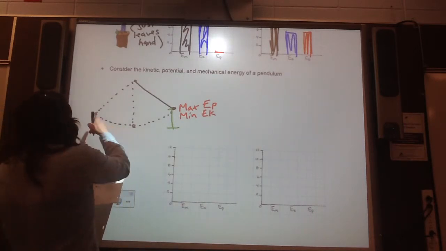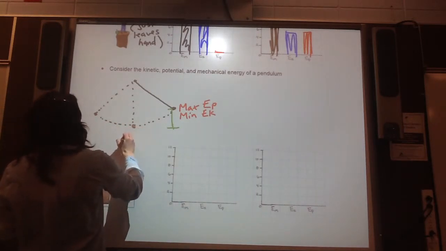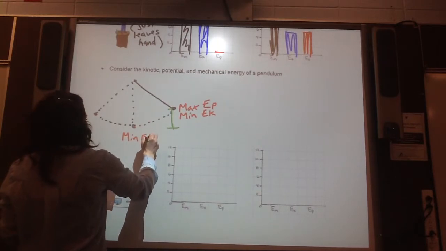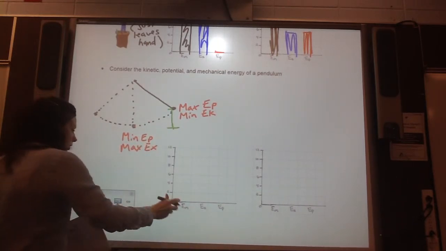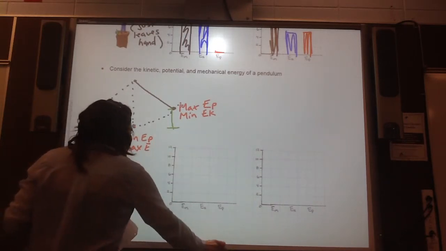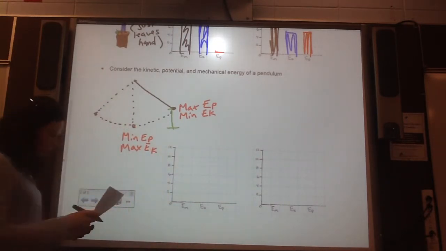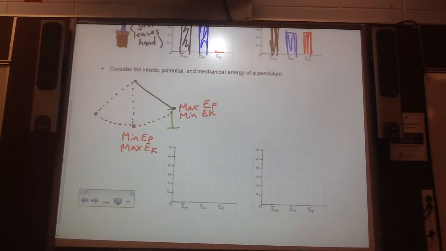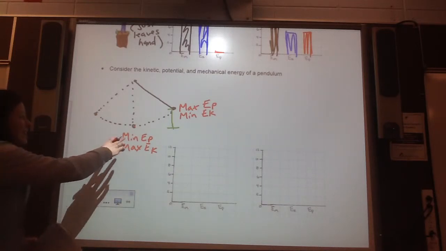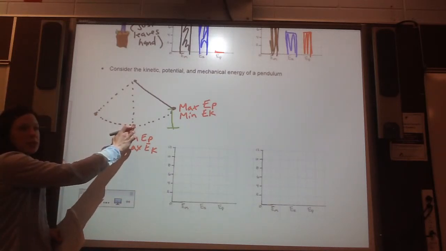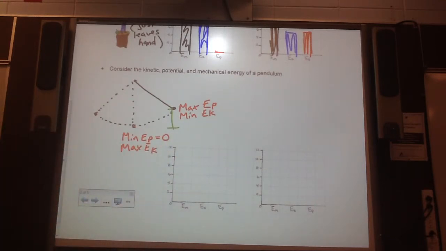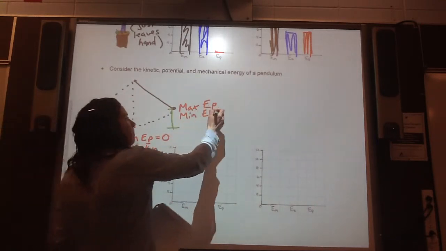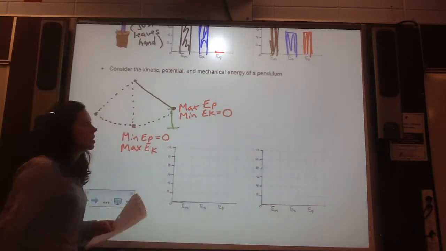And then here at the bottom is our min EP and our max EK. Since this reference point is 0, min EP will actually be 0. And min EK here will actually be 0.